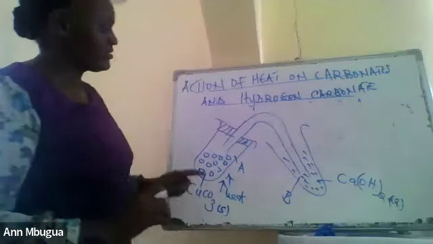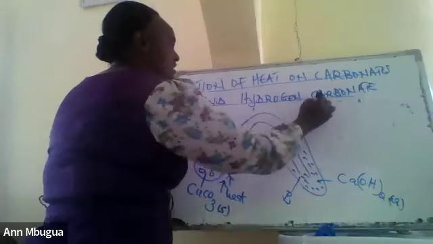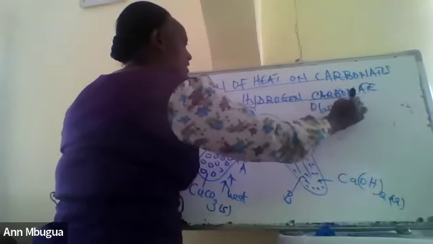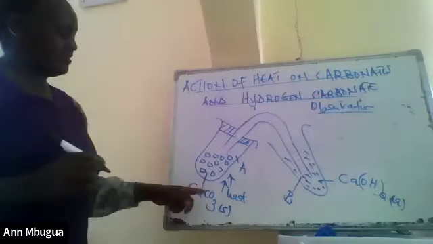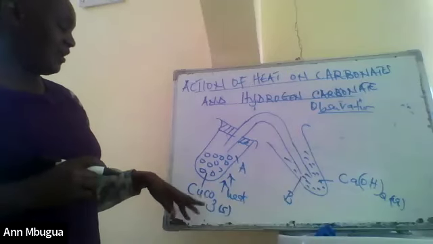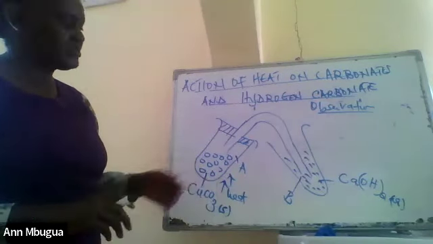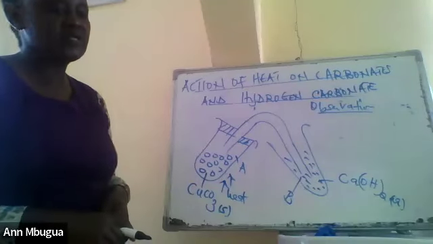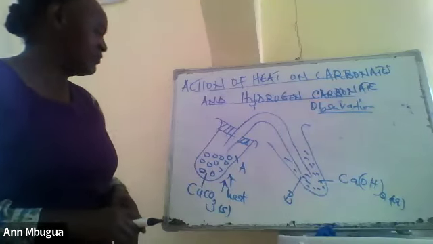In such a case, the examiner will tell you to state and explain the observations made when this copper 2 carbonate is heated. It's below sodium, so it will decompose to form copper 2 oxide and carbon 4 oxide.